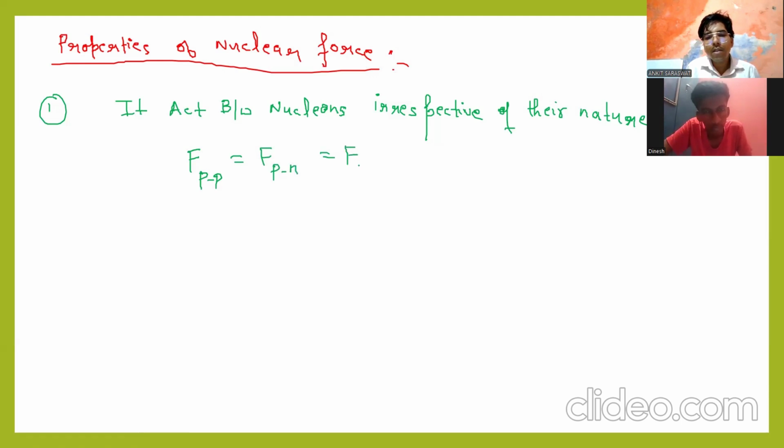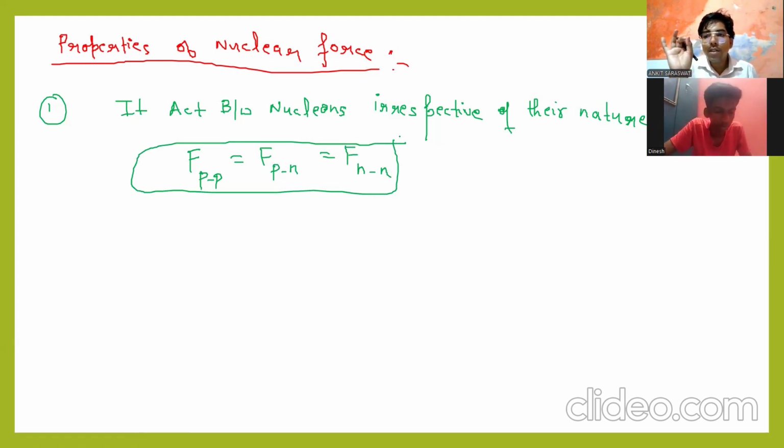It is the same as between neutron and neutron. It does not show partiality. Whatever the nuclear force between proton and proton, it will be the same for proton and neutron, neutron and neutron.